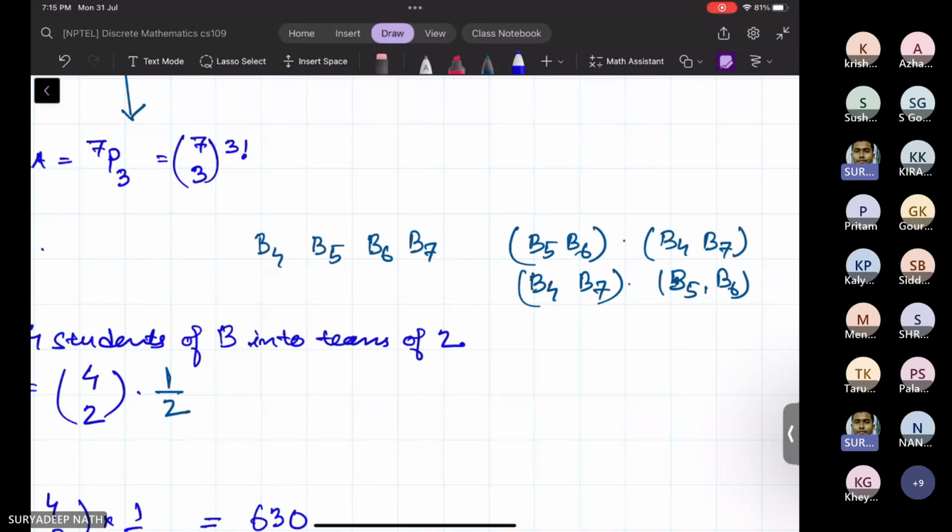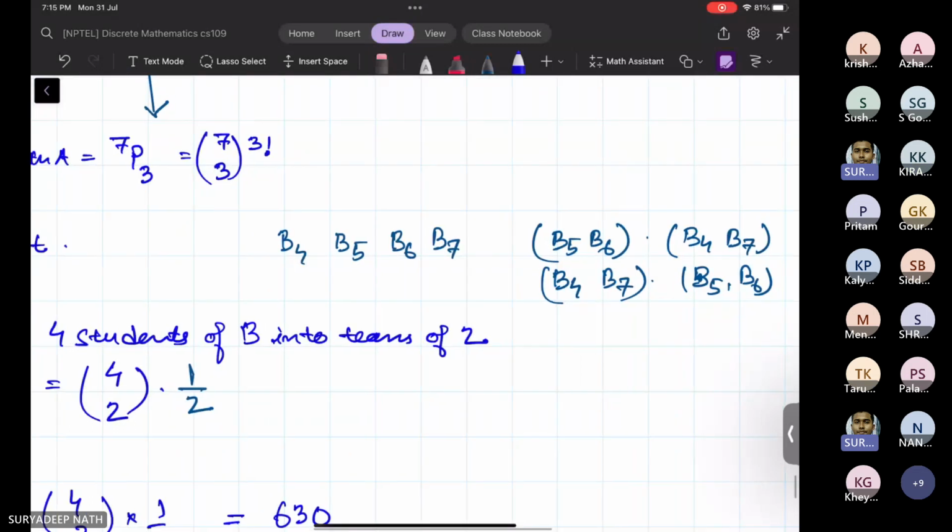But while finding these combinations, this 4C2 will also give you B4 and B7 as another combination. But B4 and B7 is already counted as a team when we found B5 and B6. So basically we are counting it twice, that's why we are dividing it by 2.